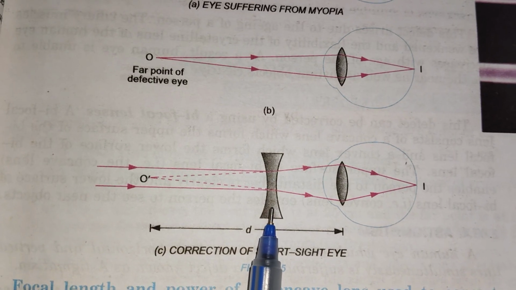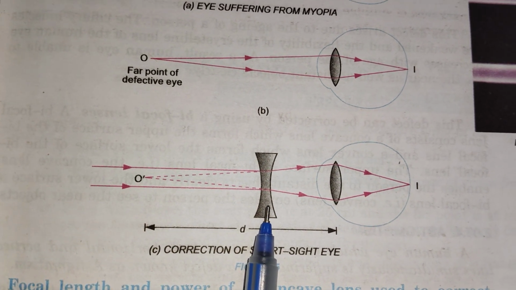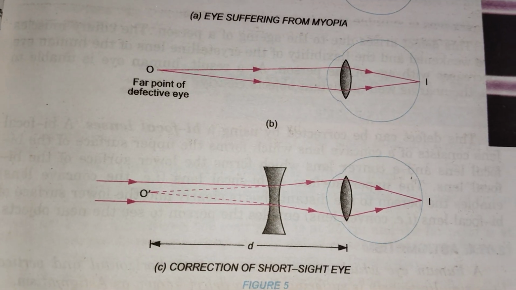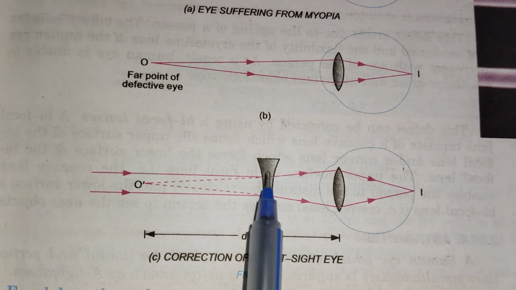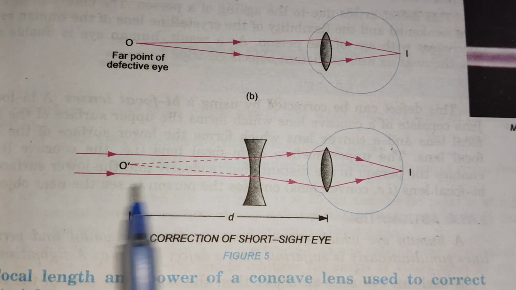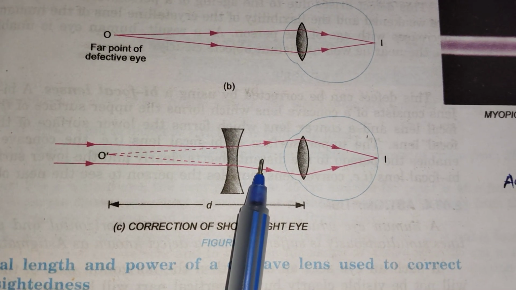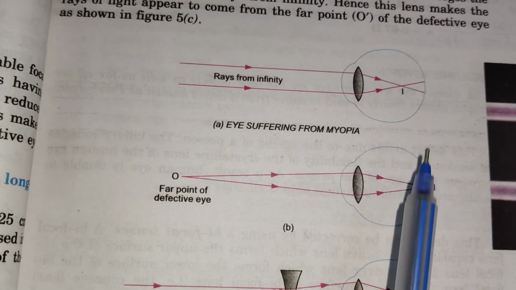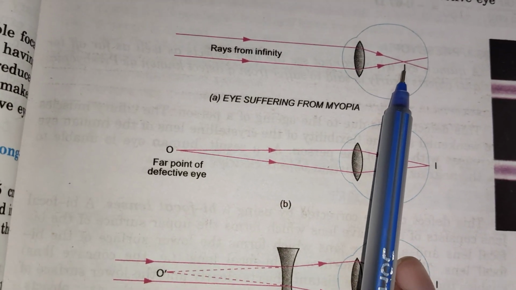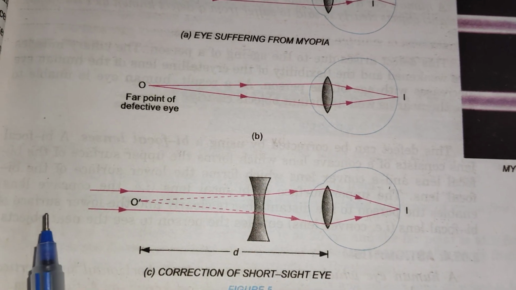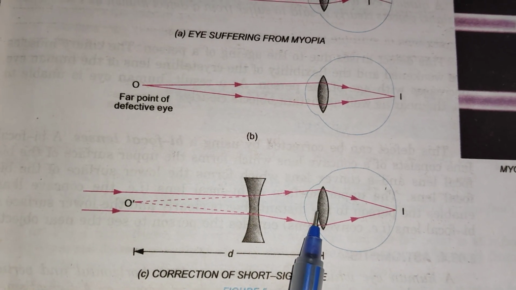By wearing the concave lens, we can correct this defect, because a concave lens can diverge the rays of light. This concave lens is actually diverging the rays of light which are coming from the object. In this manner, the rays which were converging before the retina are now reaching the retina. So we can see that object now.